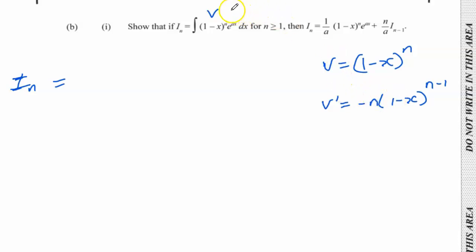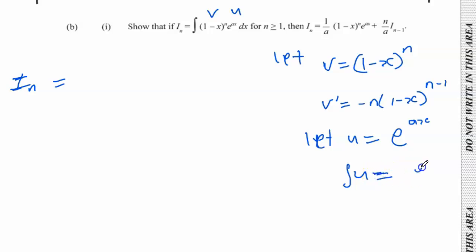And let me call the other term u, so let u be equal to e to the ax. So the integral of u will be e to the ax, treating a as a constant, over a. So the formula I'm using here, In is the integral of vu with respect to x.